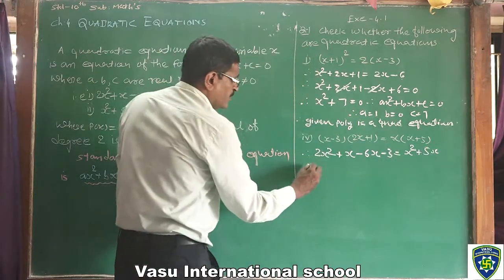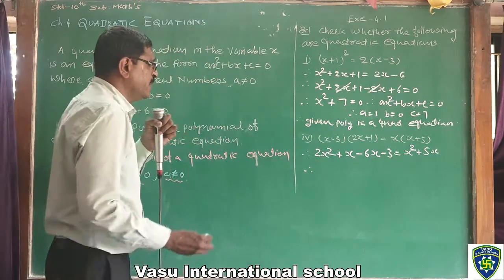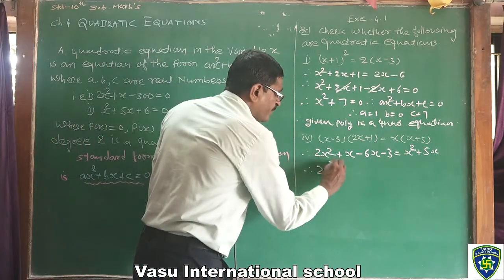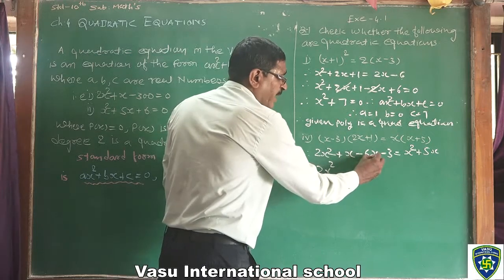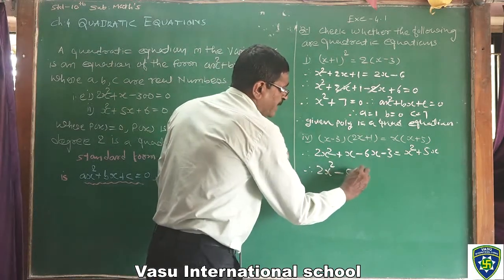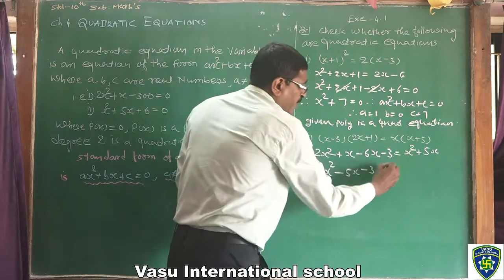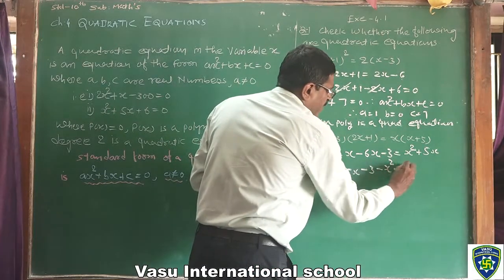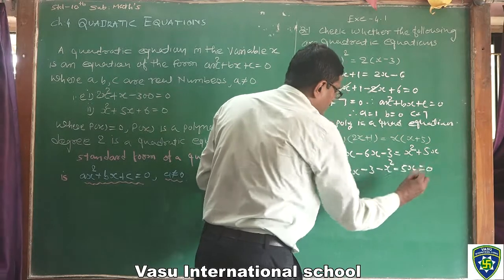Take all the terms to one side: 2x square plus x minus 6x minus 3 minus x square minus 5x is equal to 0.